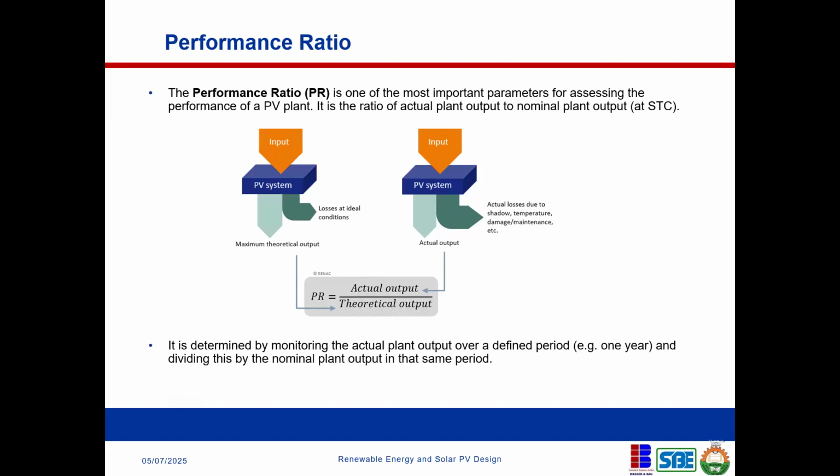So it is determined by monitoring the actual plant output over a defined period, maybe 1 year, and dividing this by the nominal plant output in that same period. The PR, or performance ratio, will change from period to period, depending on environmental and technical conditions at the plant.